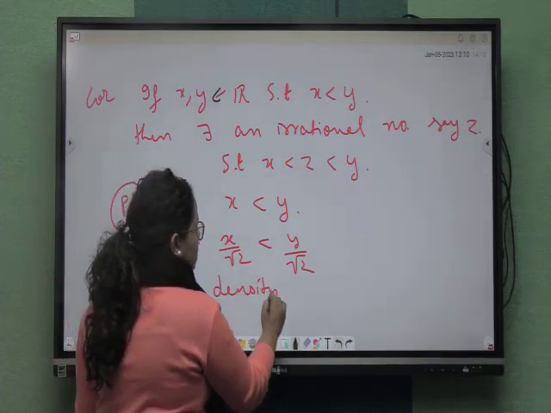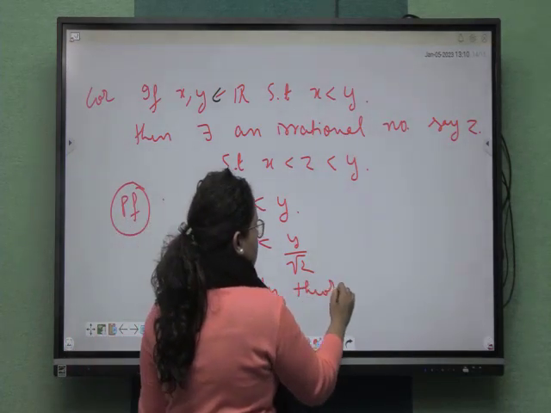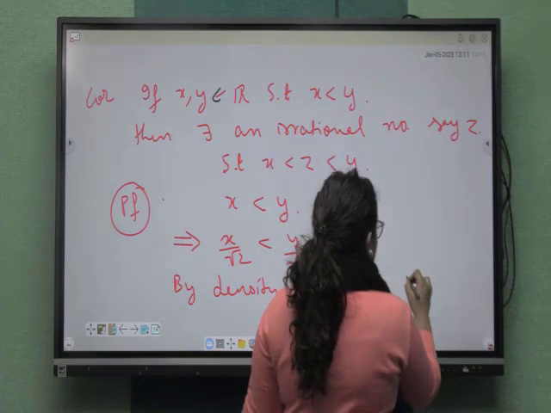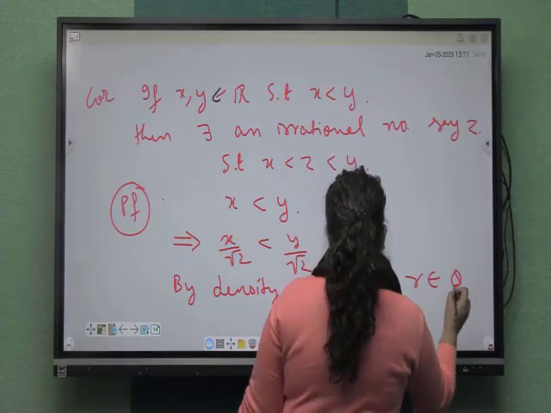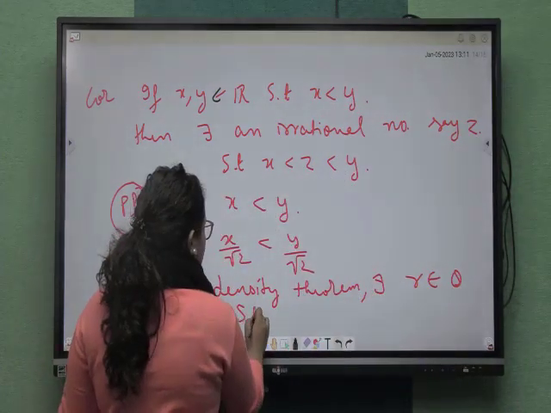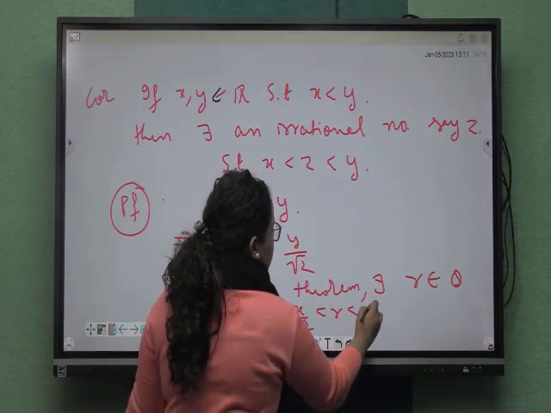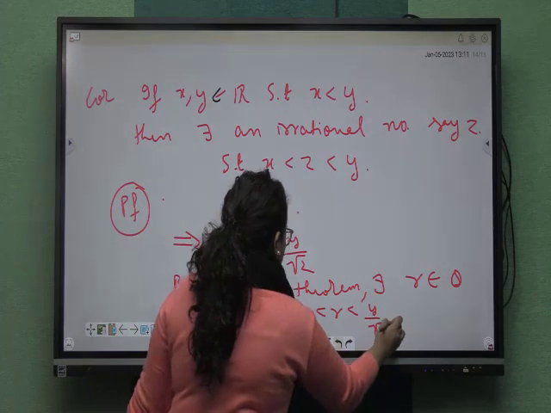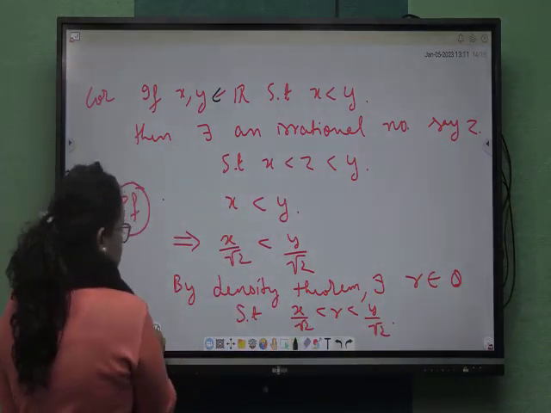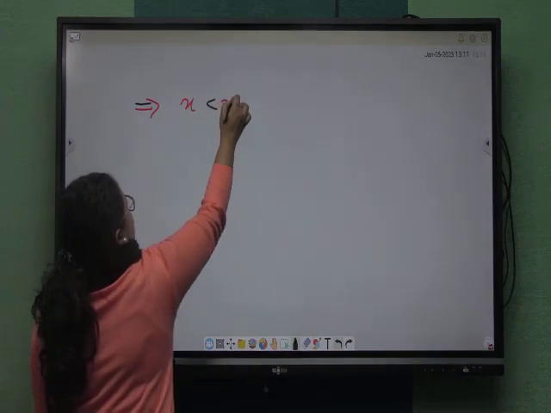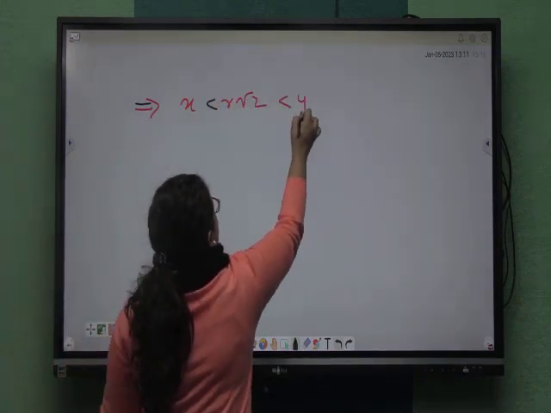By density theorem, there exists say R belongs to Q such that x by root 2 is less than R is less than y by root 2. This implies x is less than R root 2 is less than y.